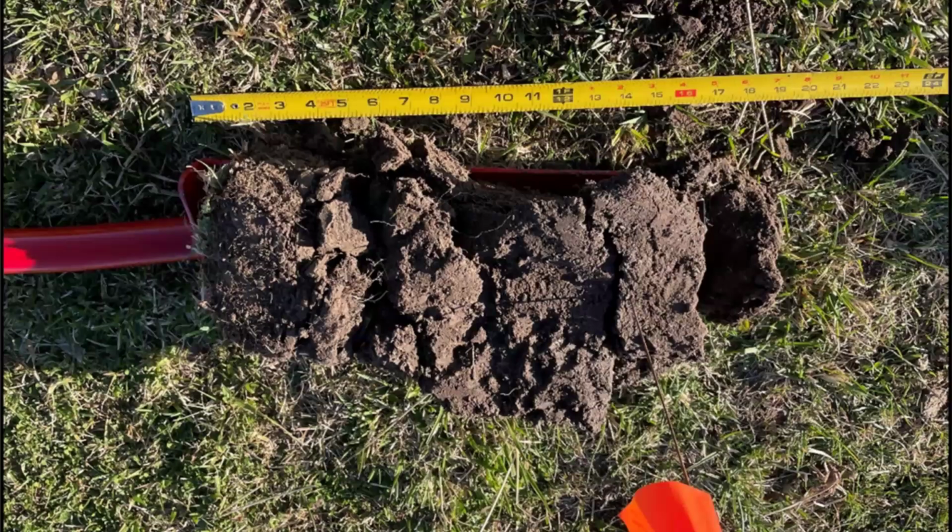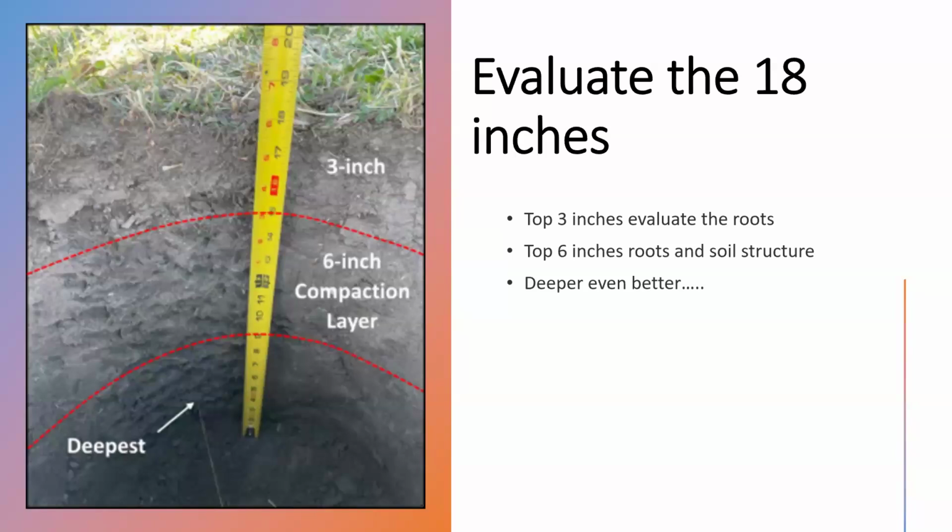So get your shovel out, dig that wedge like you were going to send it in for a soil health analysis and take a look. You can easily see where roots stop growing, what direction they're moving, what's the structure of the soil, how does it smell, what's the color. So before we move to analytics, make sure you're making these observations and that the money you spend on testing is well spent. All right.